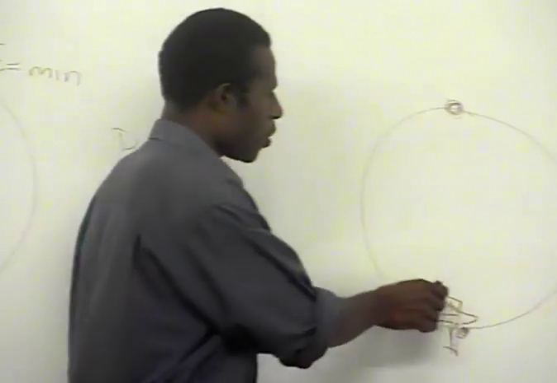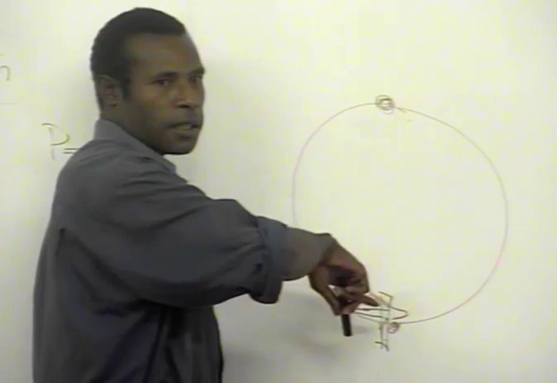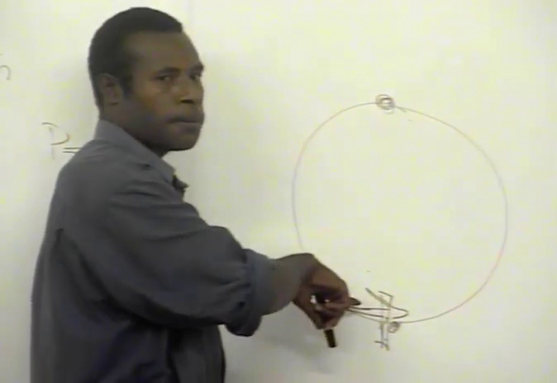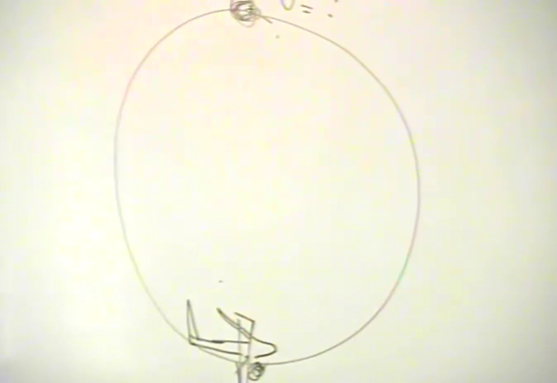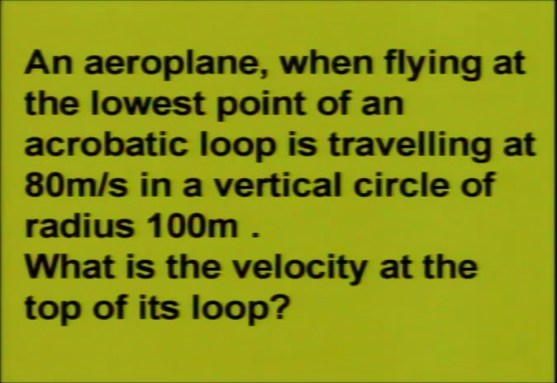When it is moving around in some kind of loop or acrobatic move, it is somewhere down here, and then it is making the same loop, but it is asking you to calculate the velocity at this point. So that is the minimum velocity. The equation has been given to you. Using that equation that was given to you earlier, you can solve to come up with the velocity.